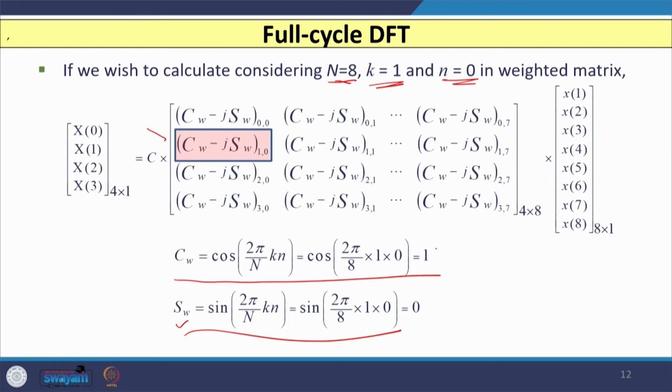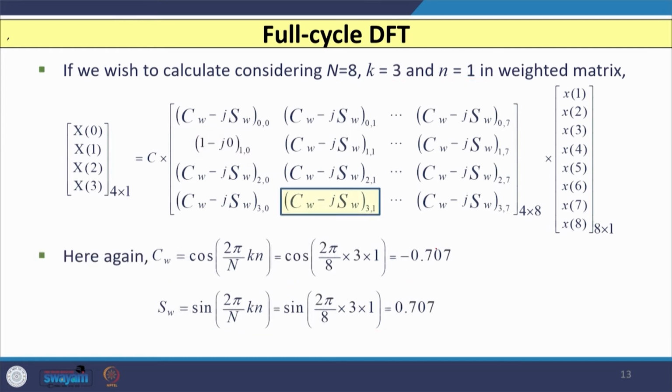Similarly, if I wish to calculate this term, that indicates 3 1, so k is equal to 3 and n is equal to 1. Again you put the value of k, that is 3, and n, that is 1. Here capital N remains constant. So, you can obtain the values of Cw and Sw, that is minus 0.707 and plus 0.707.